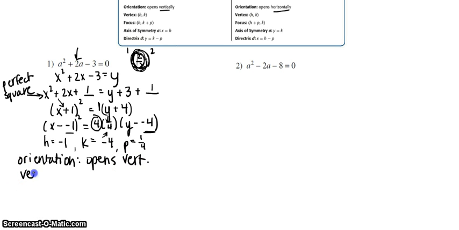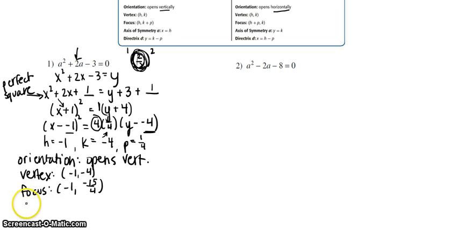Our vertex is going to be HK, so it's just -1, -4. Our focus is going to be -1, and then we have -4 plus 1/4, so that's the same as -16/4, so we just have -15/4.